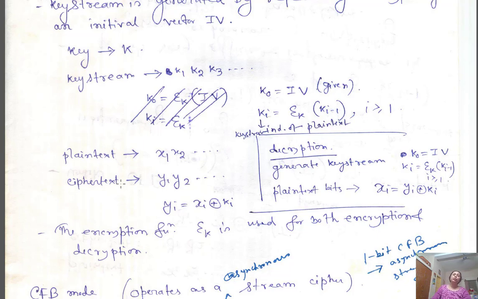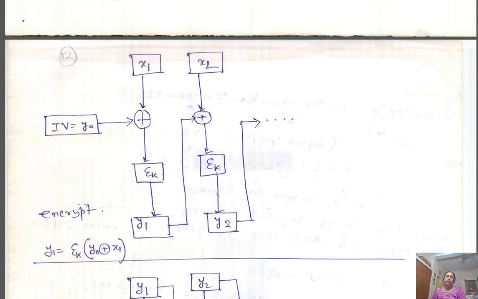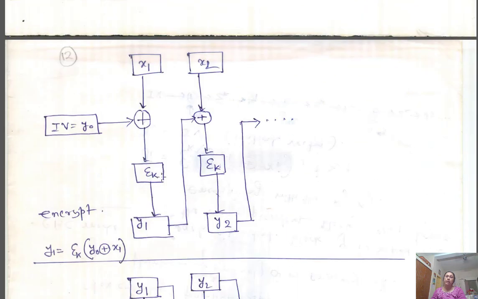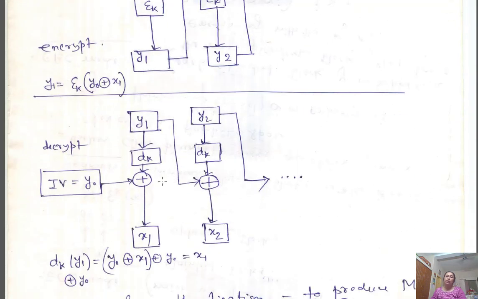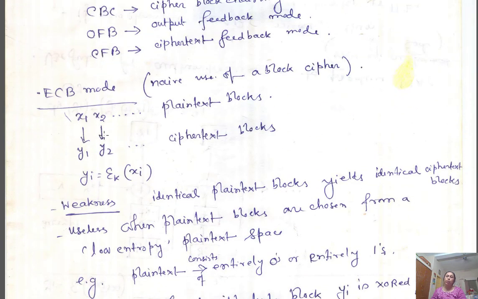In the previous two modes, ECB and CBC, we use the encryption algorithm while encrypting, and while you decrypt from Yi to recover Xi, you use the decryption algorithm.